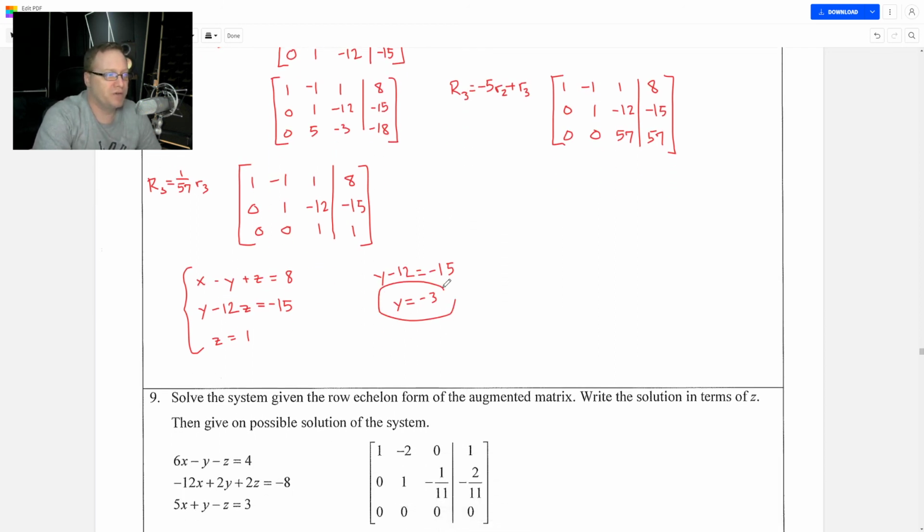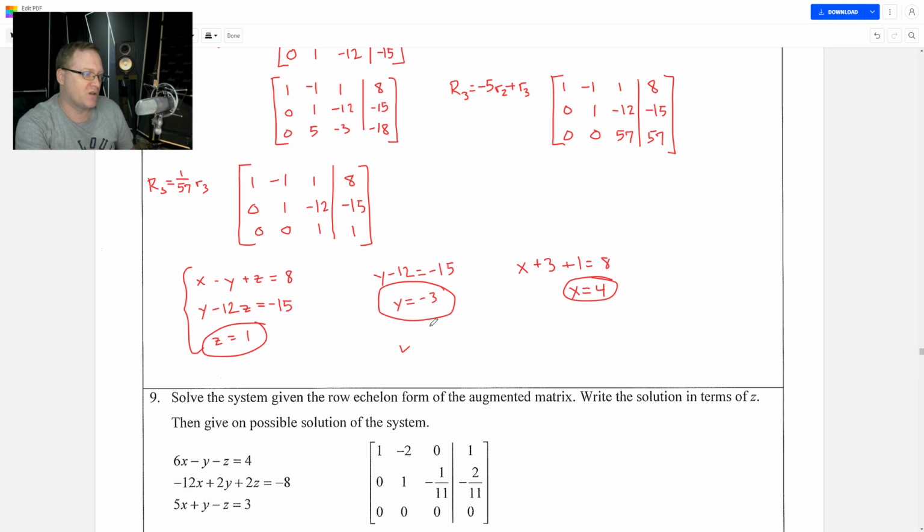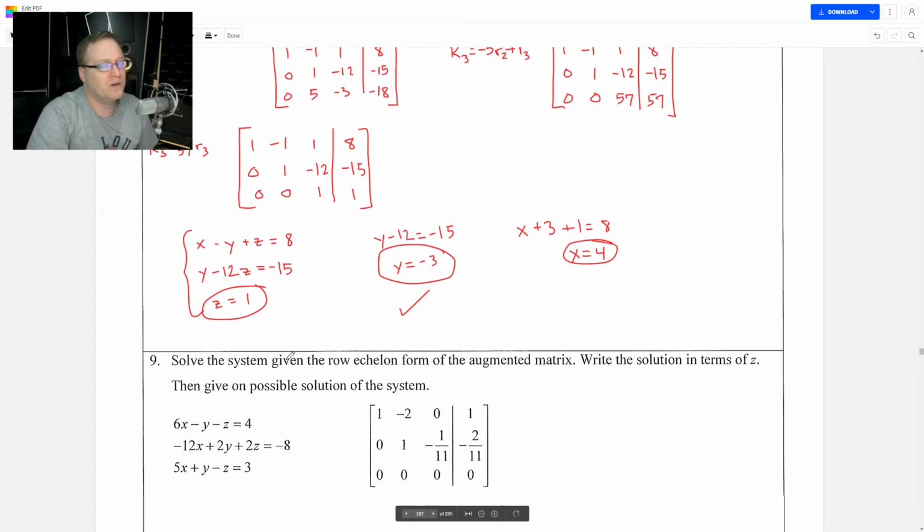So y equals negative 3, z equals 1, and then finally we have x minus y, which is negative 3, so that's plus 3, plus z, which is 1, plus 1, equals 8. Well, that's just x plus 4 equals 8, which means x equals 4. And we're done. So we have solved our equation. X equals 4, y equals negative 3, z equals 1.